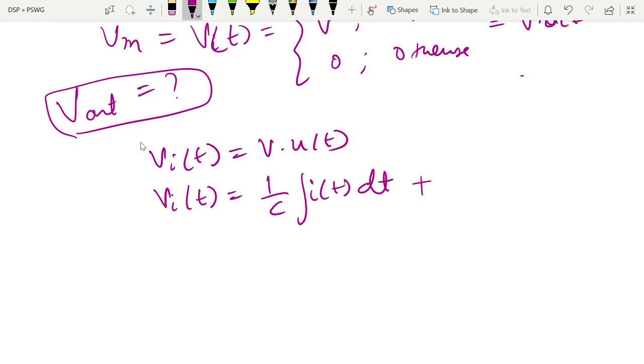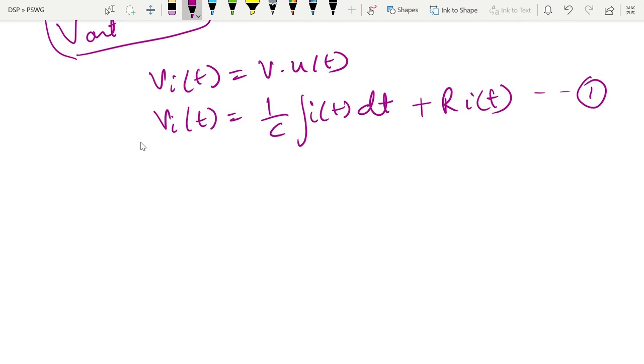The whole current i(t) is flowing through this capacitor. So let us take this as equation number 1. And the output voltage, all of you know, is R into i(t). Let us consider this as equation number 2.